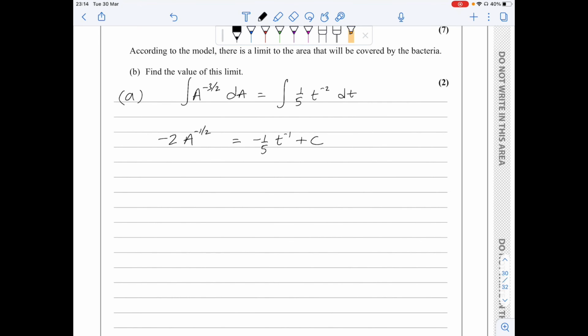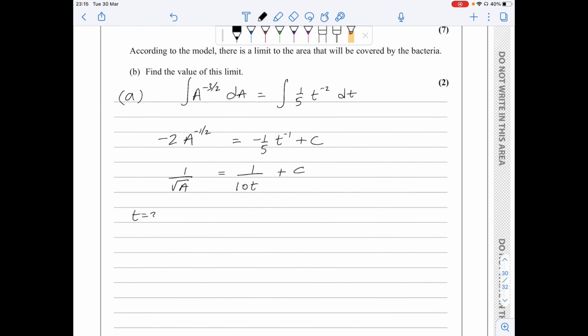I'm going to divide both sides by -2. So 1 over square root of A is equal to 1/(10t) plus c. Note that the sign of c does not change because that does not matter. C is just a constant.